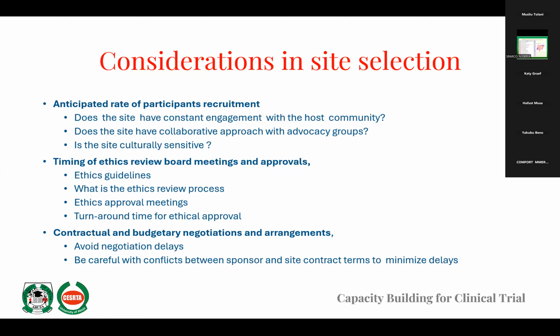Then contractual agreement, again, is part of what you should consider when selecting a site. Again, the budgetary negotiation. Sometimes in the course of your agreement between the site and the sponsor, or with the PI, there could be lapses.